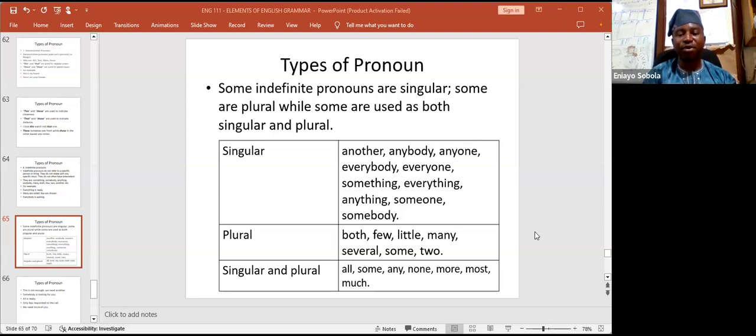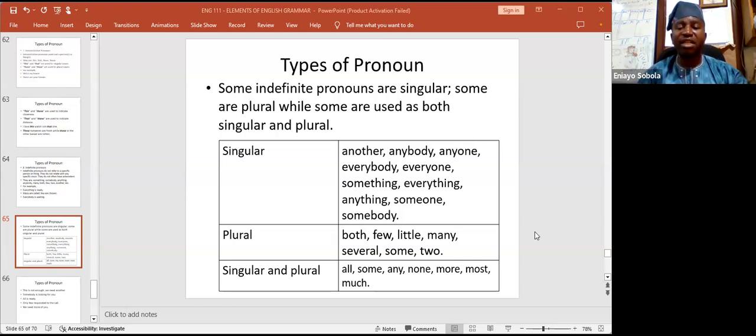While for plural, we have both, few, little, many, several, some, two. But the indefinite pronouns that are referred to as both singular and plural at the same time, that can be used in both contexts, are all, some, any, none, more, most, much.